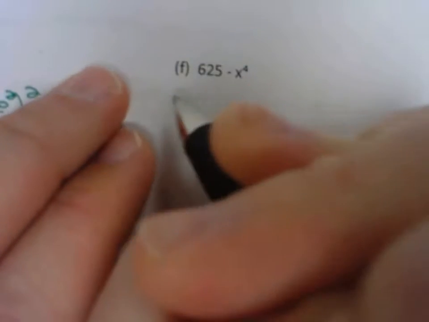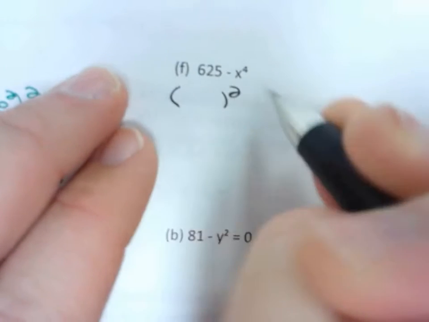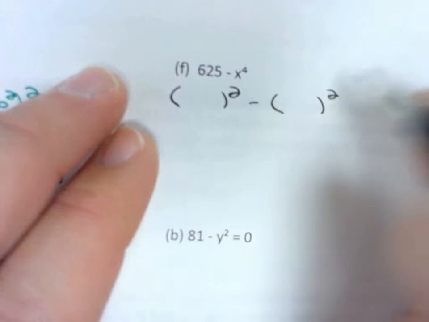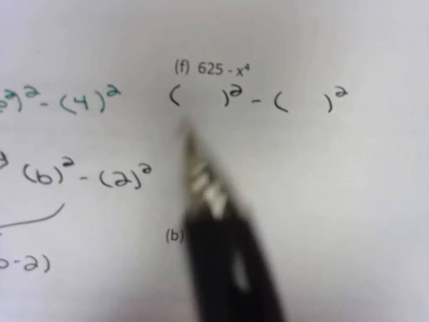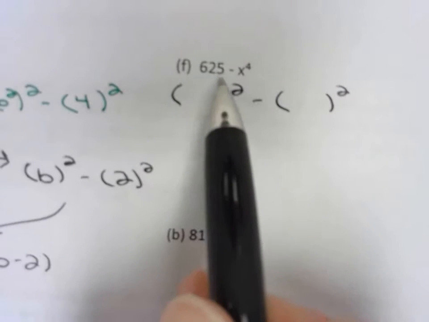So let's think. I like doing this step, so it helps me figure out what my final answer looks like. So what squared, don't blurt it out, what squared gives me 625? Use a calculator if you don't know. Let's think about it. Look at your last 2 digits. My last 2 digits are 25.